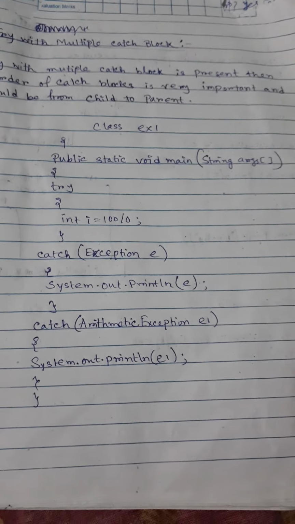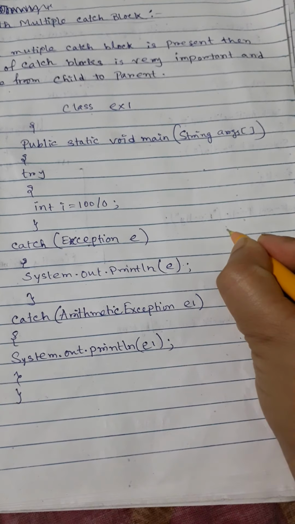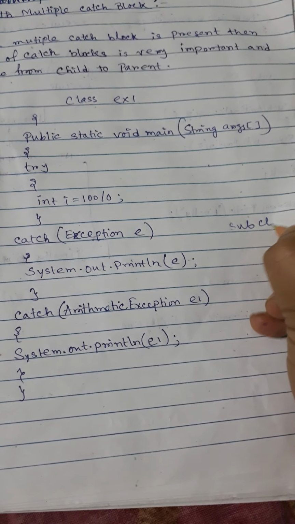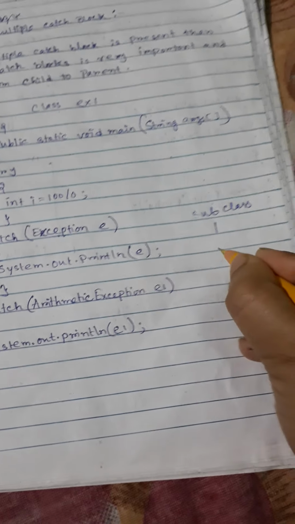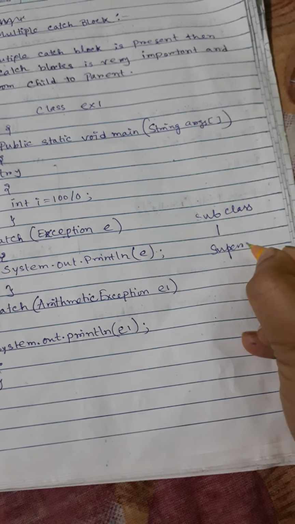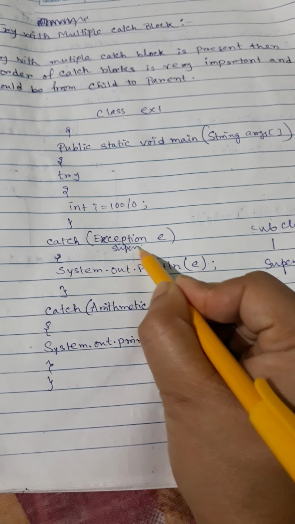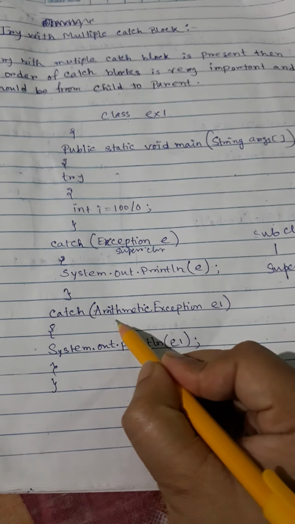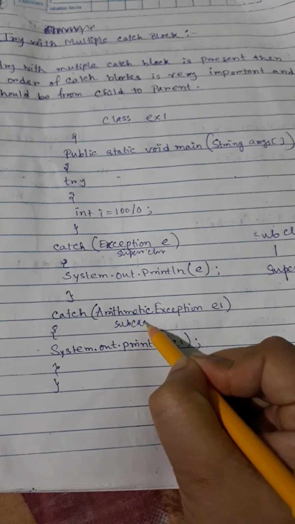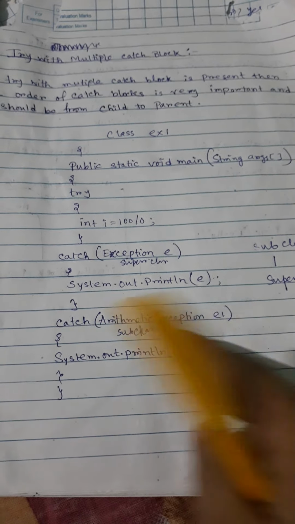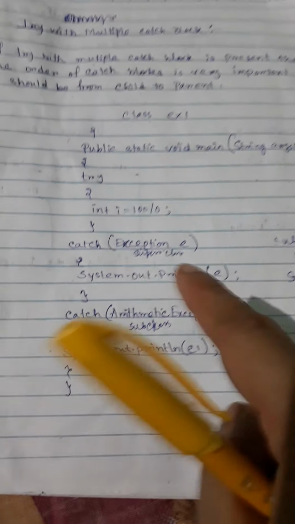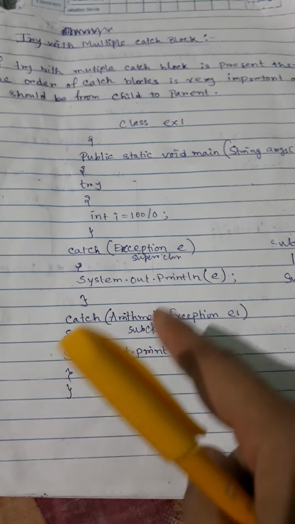When you write multiple catch blocks, you write the subclass first and then the superclass. This order should be maintained. But here Exception is a superclass and ArithmeticException is a subclass, so the order is not maintained.